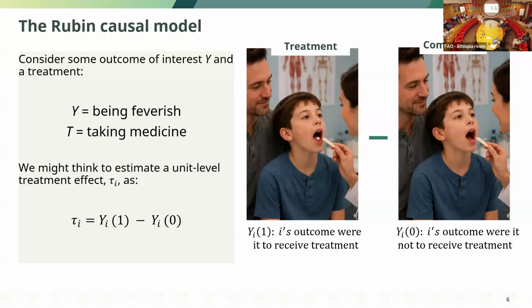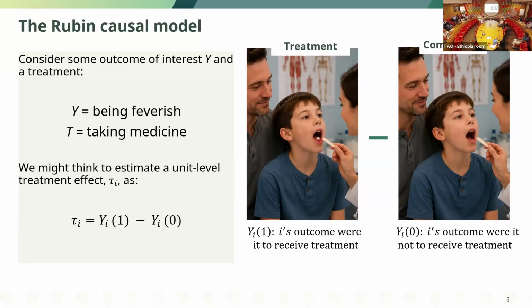We might want to understand, for your specific child, what is the effect of that medicine? You care most about your son or your daughter, and identifying 2 comparisons: if your daughter takes the medicine versus not taking the medicine. So AI enables us to think about these 2 scenarios, with the only difference being the image in the middle.